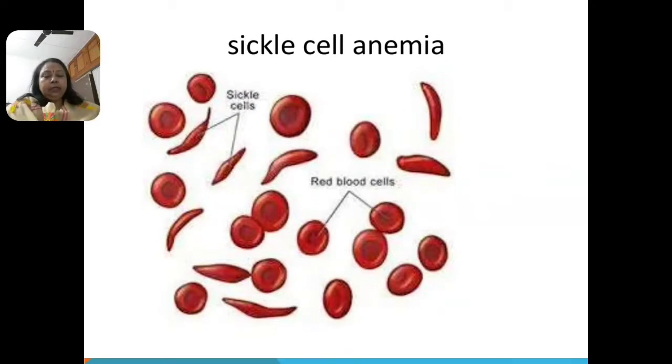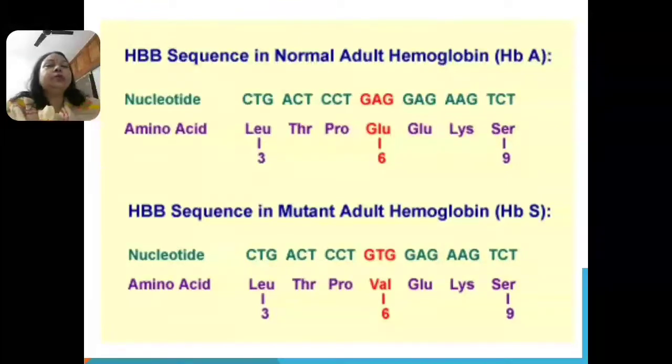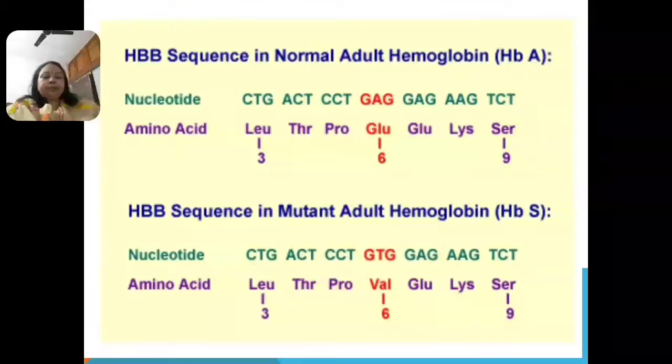It is a single gene mutation disorder. One particular HBB gene. Look at the slide. HBB sequence in normal adult hemoglobin, HbA. It produces an abnormal version of beta globin that is called HbS.